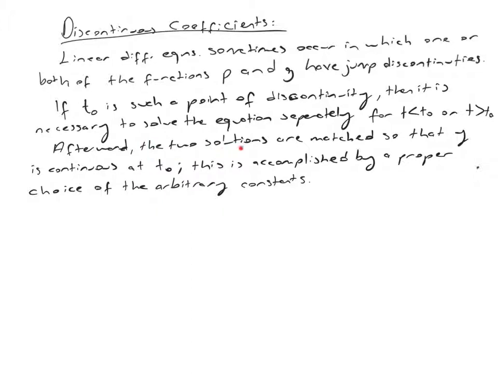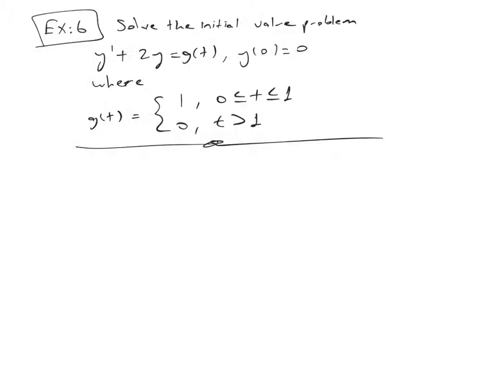Afterward, the two solutions are matched so that y is continuous at t sub 0. This is accomplished by a proper choice of the arbitrary constants. And let's solve an example in order to understand this more clearly.